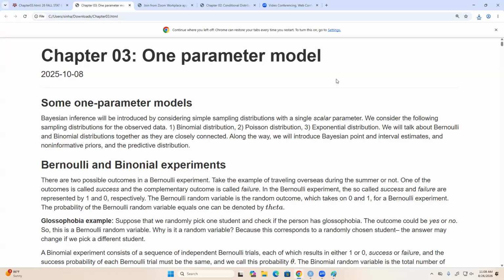One parameter model means you have collected data and you assume that the data are coming from one of the models, either the binomial model or the Bernoulli model or the Poisson model. You assume that, but the model parameter is unknown. You want to make Bayesian inference about that unknown model parameter. Okay, so this is the topic of chapter 3.